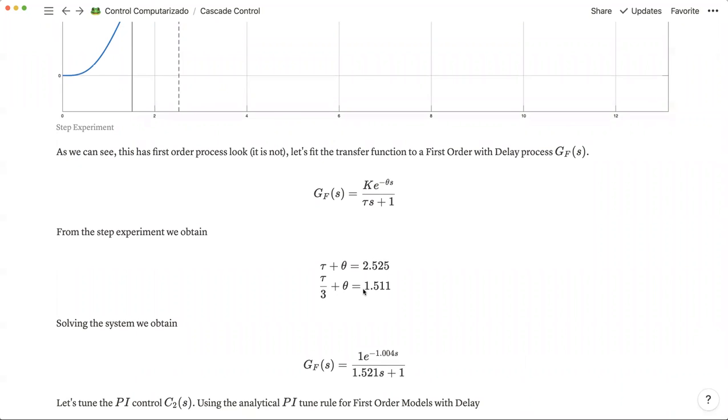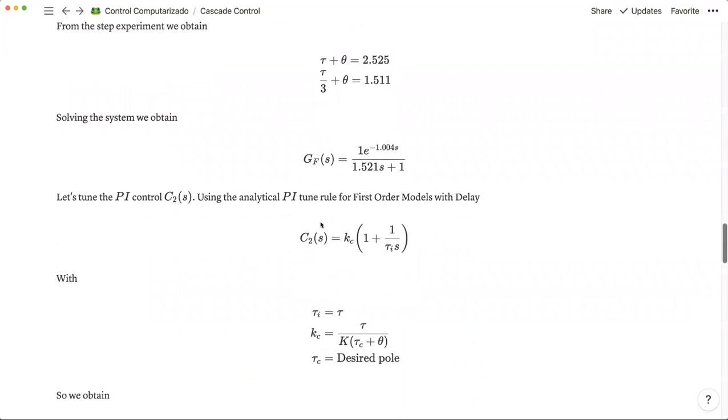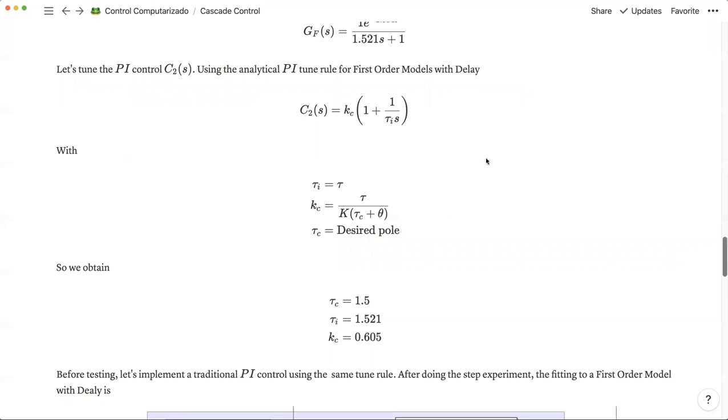So we will obtain a system, and solving the system, we obtain the parameters of the fitting, and we can tune the control C2 using the analytical PI tune rule for first order models with delay, like this.